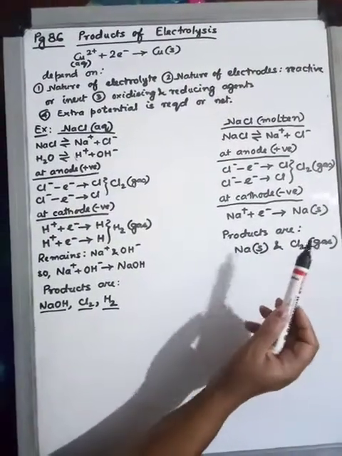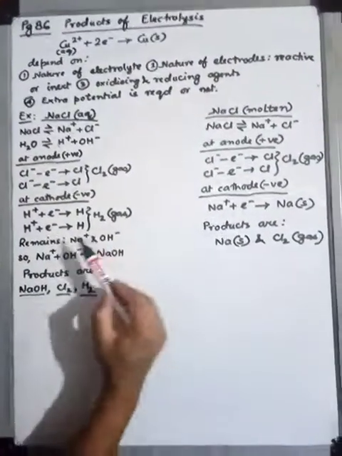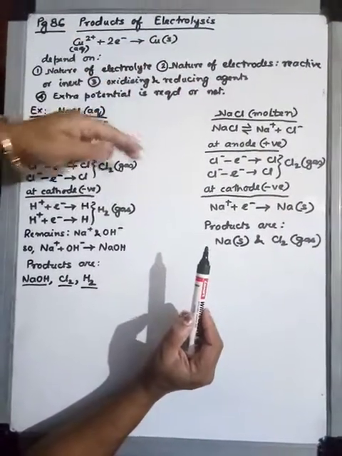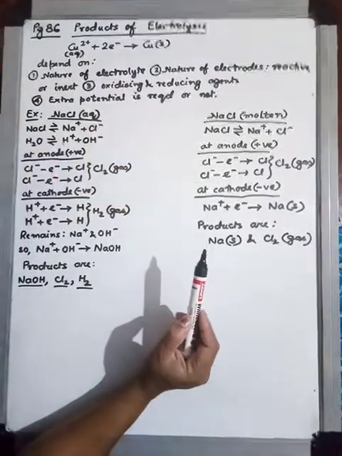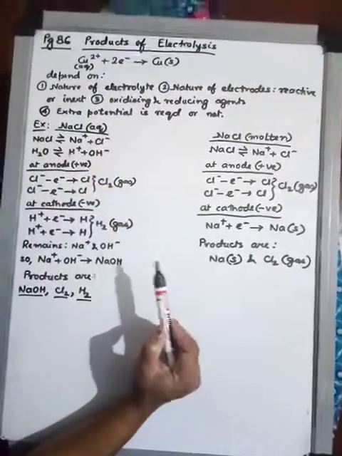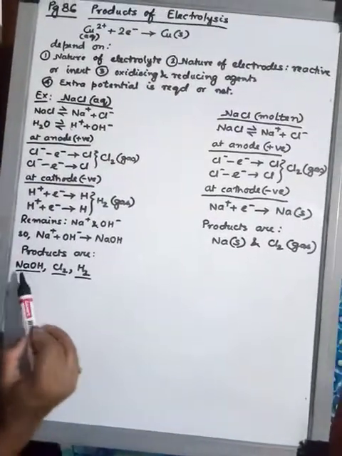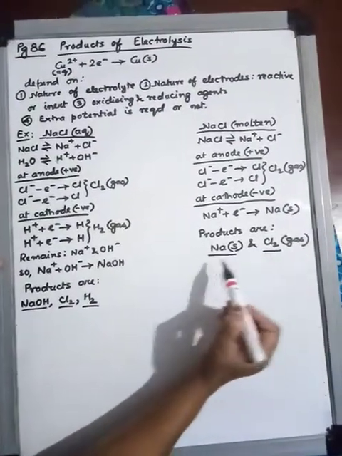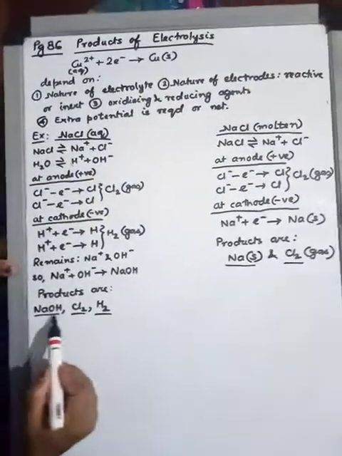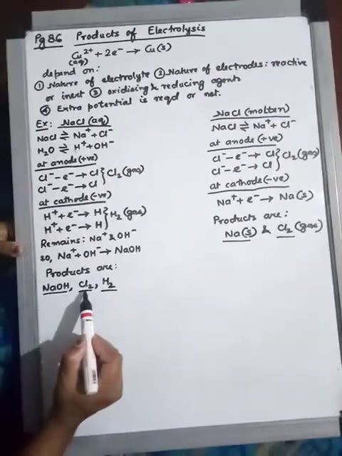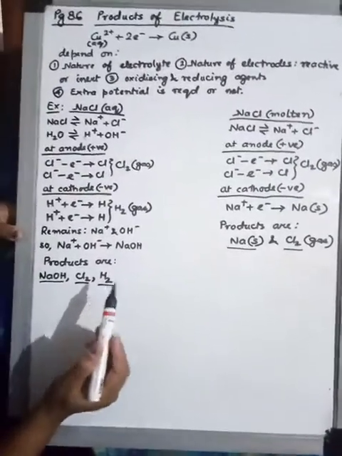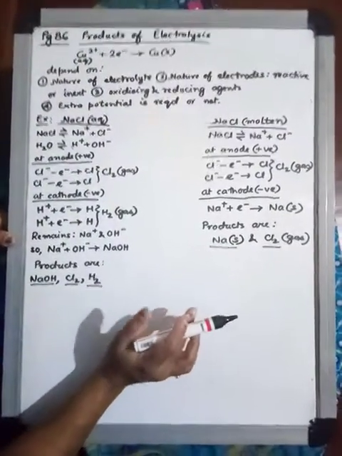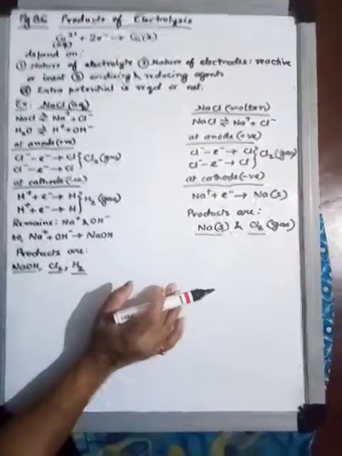So I think that's why we have to understand what it depends on. If it depends on all these factors, you can see that the nature of the products is different. This simple example is highlighting how different kinds of products can be formed. Here you get solid sodium and chlorine, but here you get NaOH, Cl2 and hydrogen. If you don't take care of all these factors, then you may not know what products you are going to get at the end of your electrolysis.